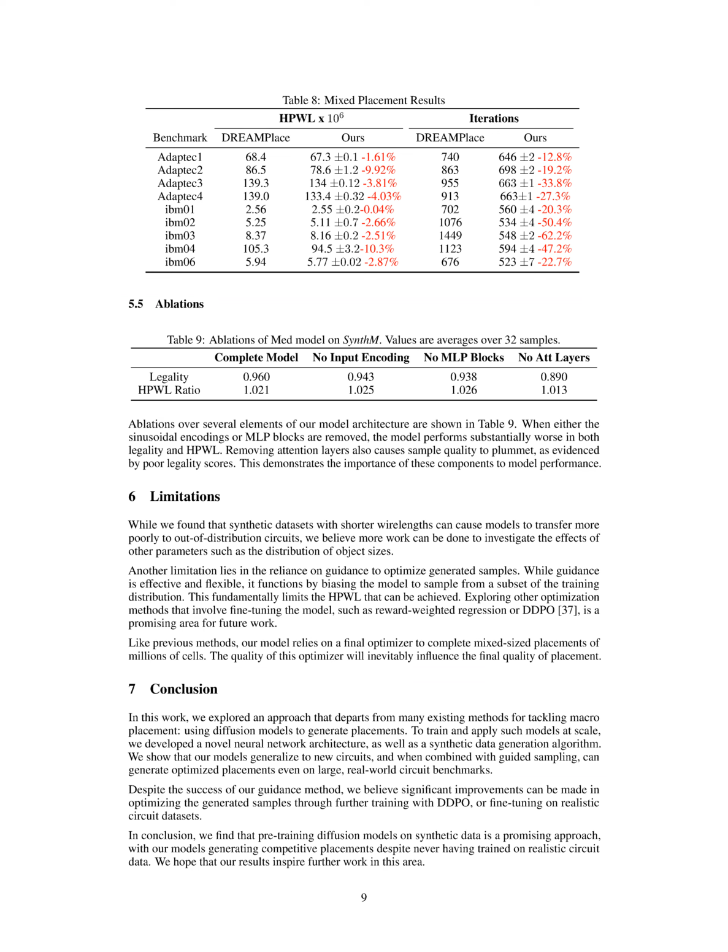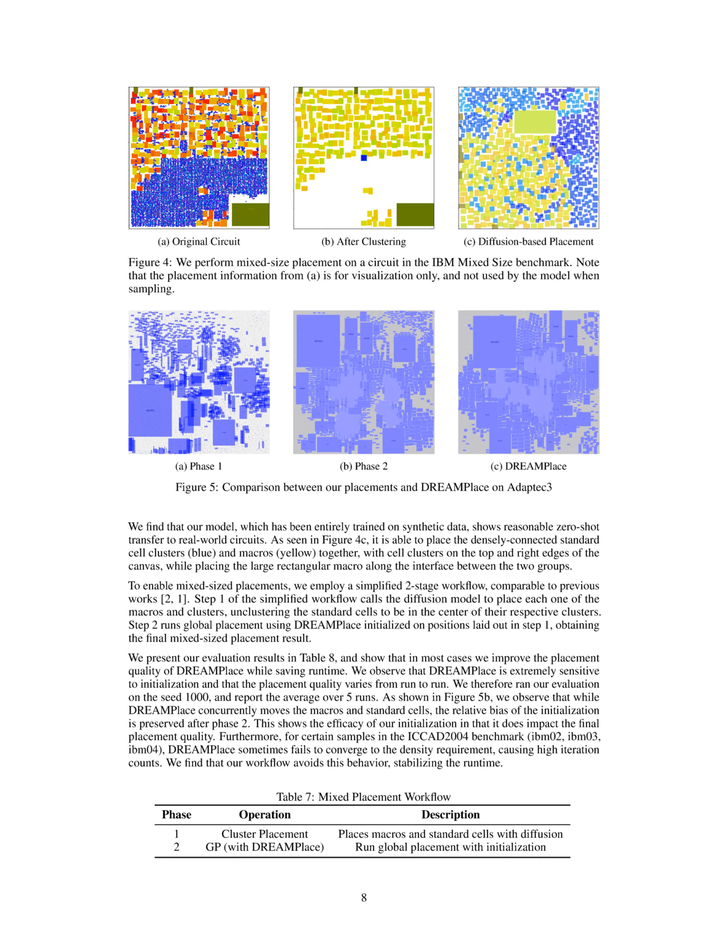Furthermore, the paper explores the impact of pre-training datasets, ablations of model components, and the use of guidance to optimize generated samples. The results demonstrate the effectiveness of the proposed method in generating high-quality placements for mixed-size circuits, showcasing reasonable zero-shot transfer to real-world circuits and improvements in placement quality compared to existing optimizers like DreamPlace.